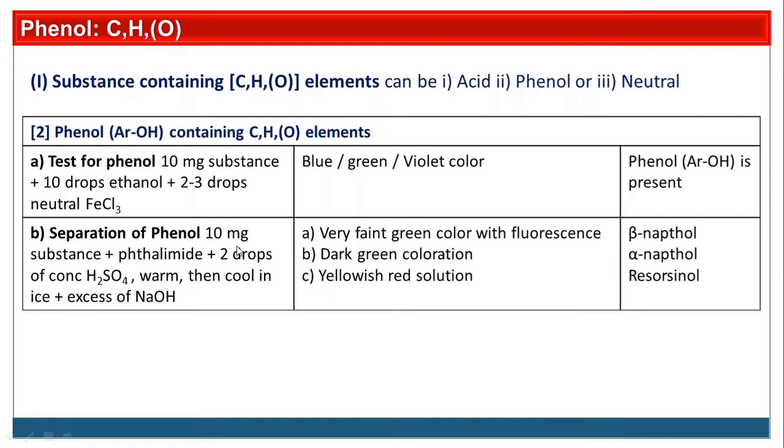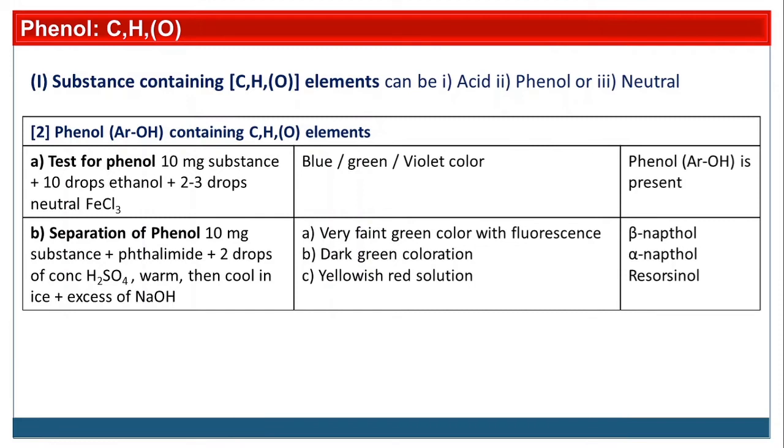For that purpose you have to take 10 mg substance plus a few pellets or crystals of phthalic anhydride plus 2 drops of concentrated H2SO4, warm it, then cool in ice or ice water and add excess of NaOH. Then observe your test tube.